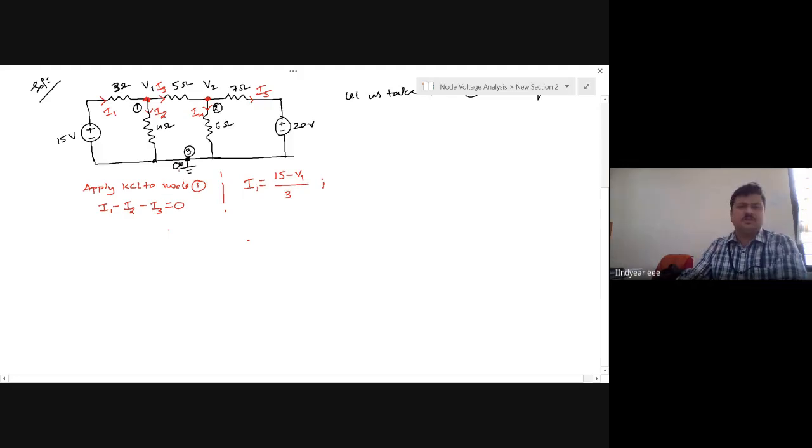That itself is the point. Assign the branch currents in each branch, then write the KCL, apply Kirchhoff's law at each node, then write the branch currents in terms of node voltages and impedance. Then I2, what is I2? I2 is the current in 4 ohm and this 4 ohm is between V1 and ground. So I will write this as V1 minus 0 divided by 4, or V1 by 4.